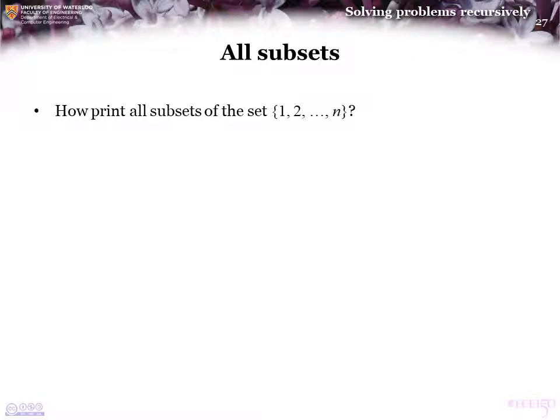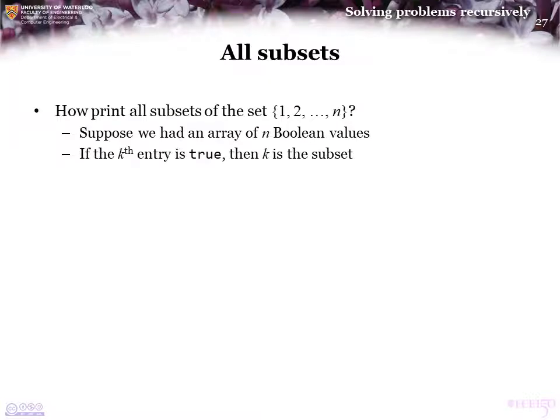Now, how are we going to print all subsets of the set 1 through n? If n was fixed, you could actually just have a whole bunch of for loops, but we don't know what n is. So this sounds like it may be something appropriate for recursion. Let's assume that we have an array of n Boolean values. And if the kth entry of this array is true, then we will assume k is in the subset.